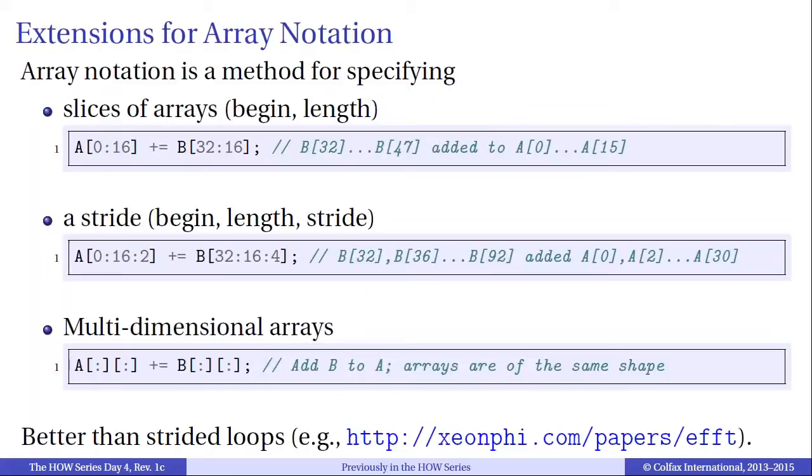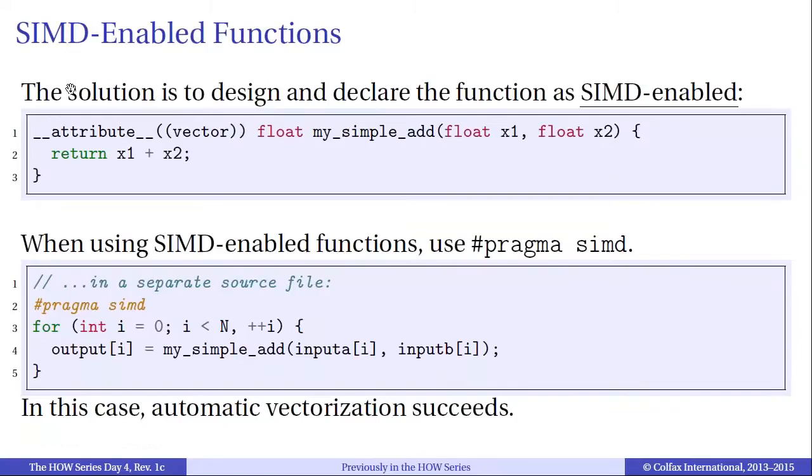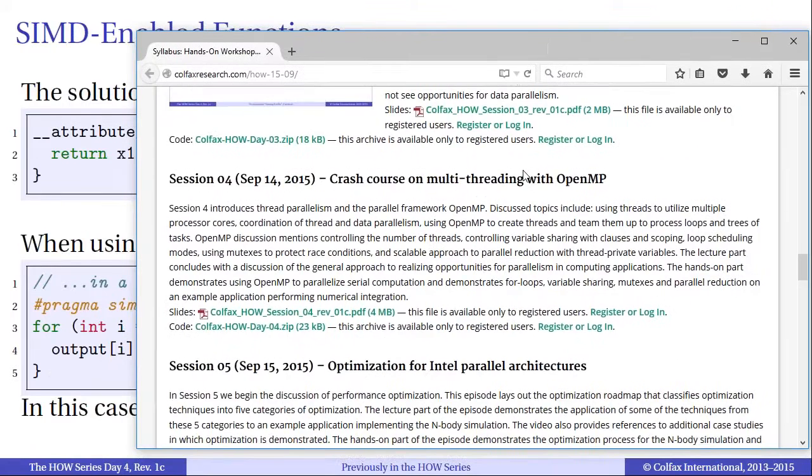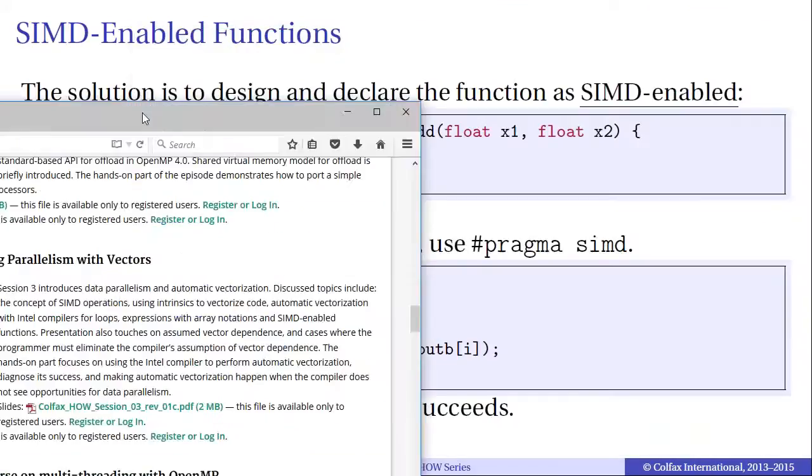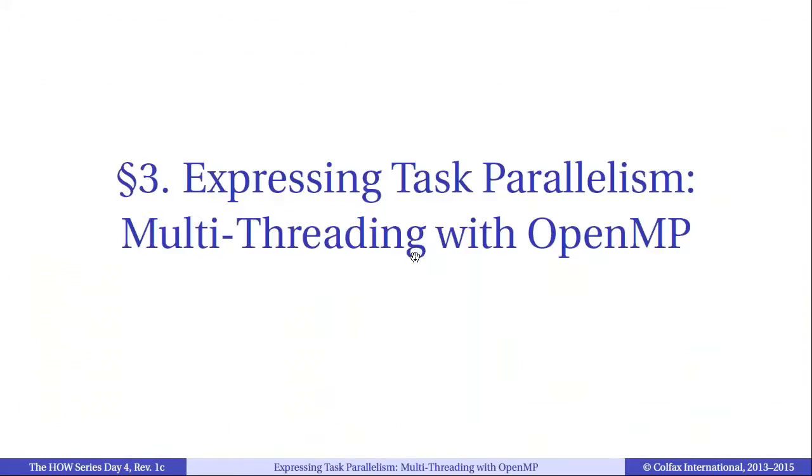And also we talked about two more ways to express automatic vectorization: array notation and SIMD-enabled functions. I'm not going to review them in detail now, but if you're interested in that, you can go back to session number 3 and watch the video or download the slides.